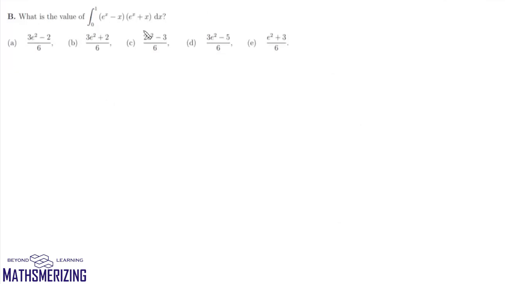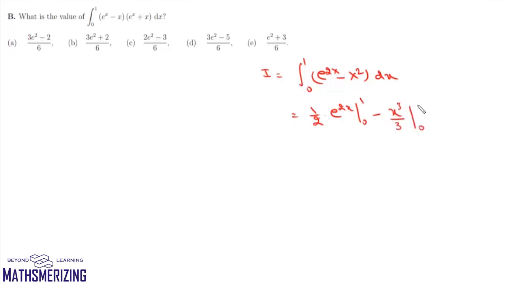Now question number 1b, it's a simple integral. We can write this integral as the integration from 0 to 1 of e square x minus x square. Now we'll integrate. We can write this as 1 by 2 e to the power 2x from 0 to 1, and then minus x cube upon 3 from 0 to 1.